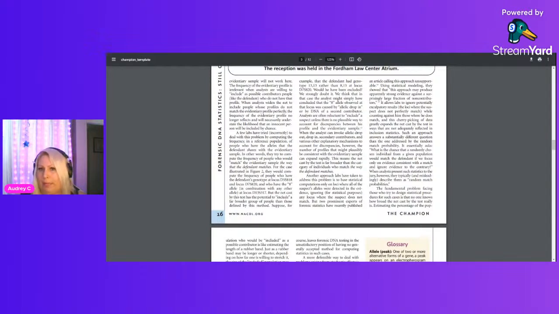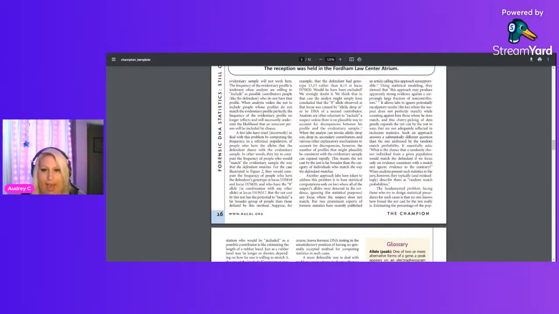This cherry picking of data greatly expands the net cast by the test in ways that are not adequately reflected in the inclusion statistics, such an approach answers a substantially different question than the one addressed by the random match probability.